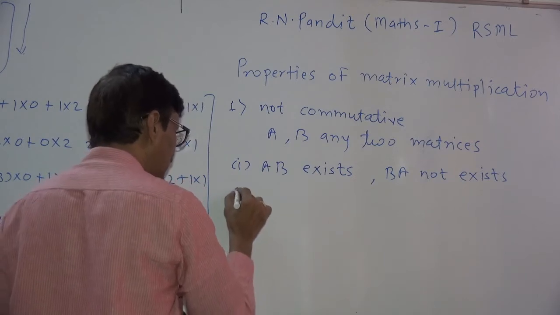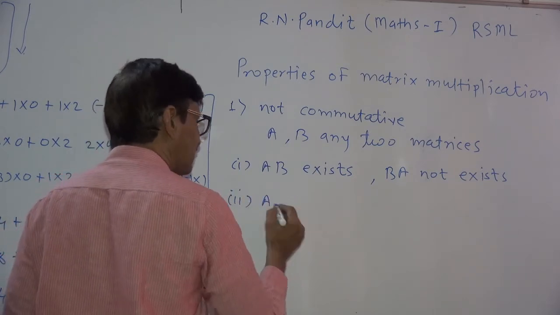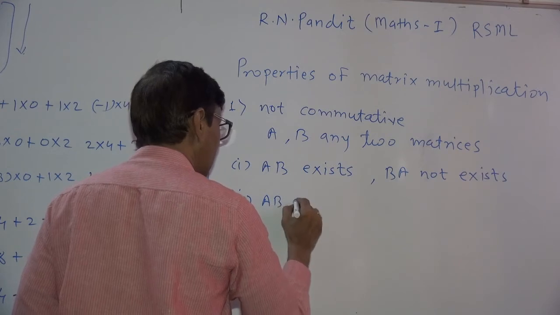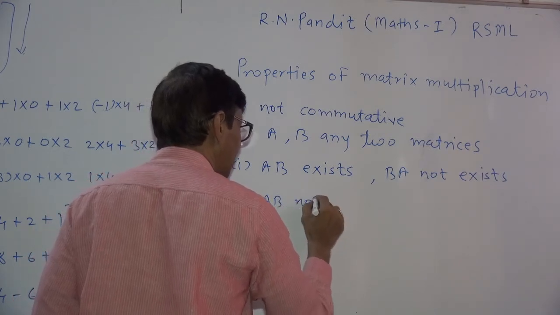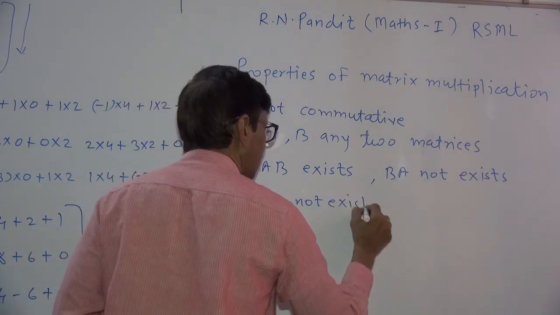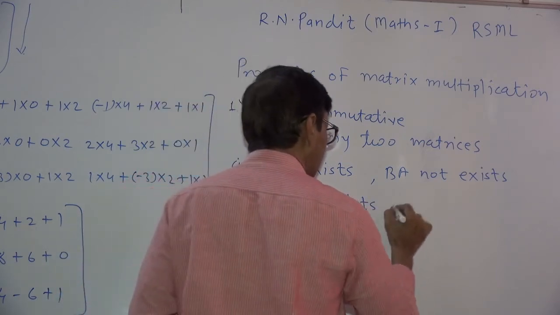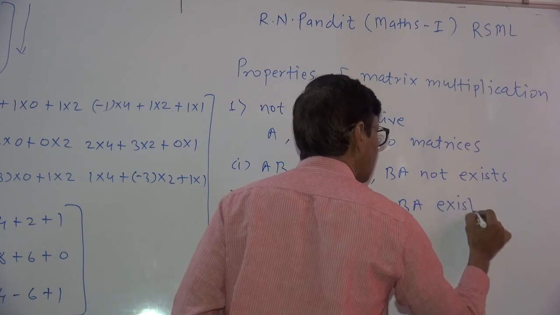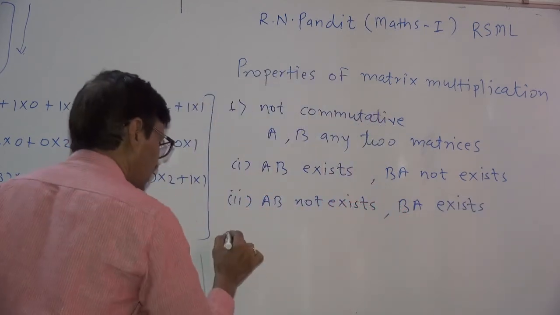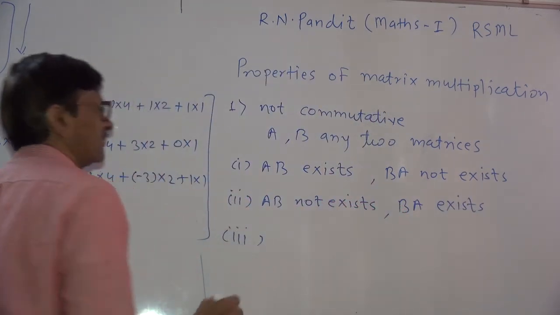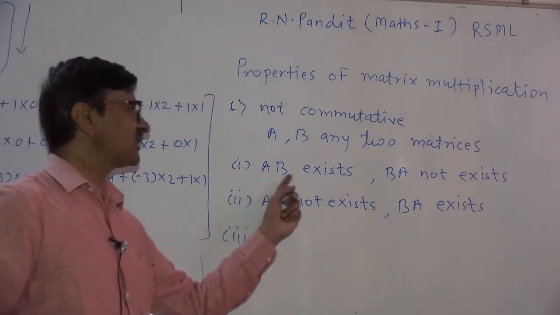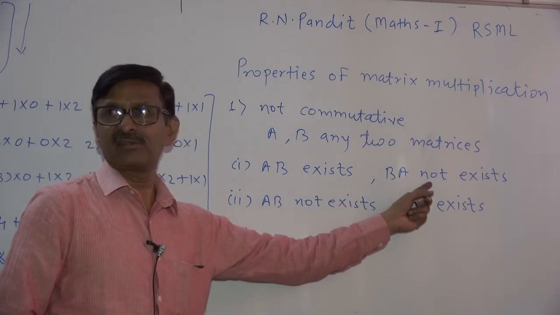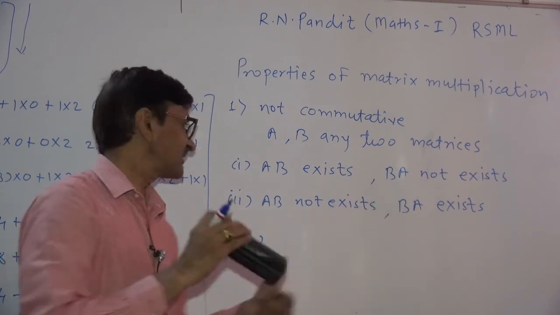What is the second situation? AB does not exist, but BA exists. Third situation. Now AB existing, BA not existing. Let us check.